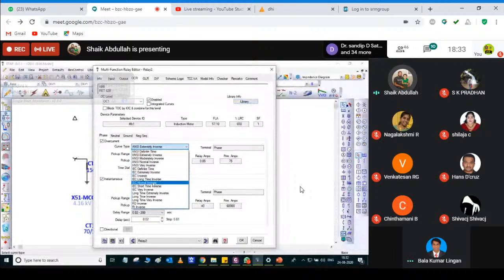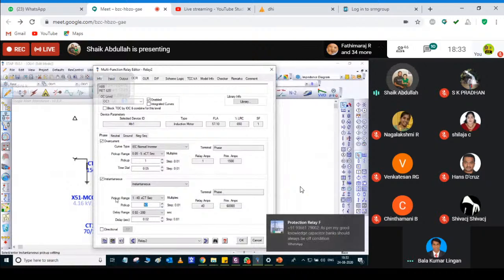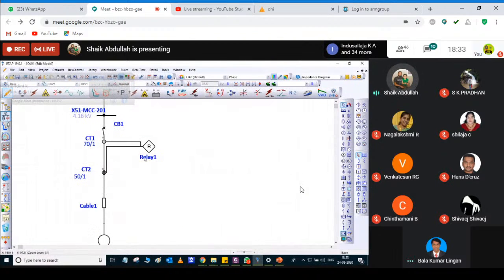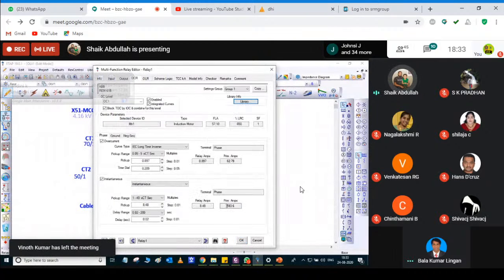I can go with the normal inverse curve, and this is actually 1.07, and the neutral is normal inverse, and the instantaneous I have to go with 1.3 into your downstream settings. How much do you have? Downstream settings is about 593.